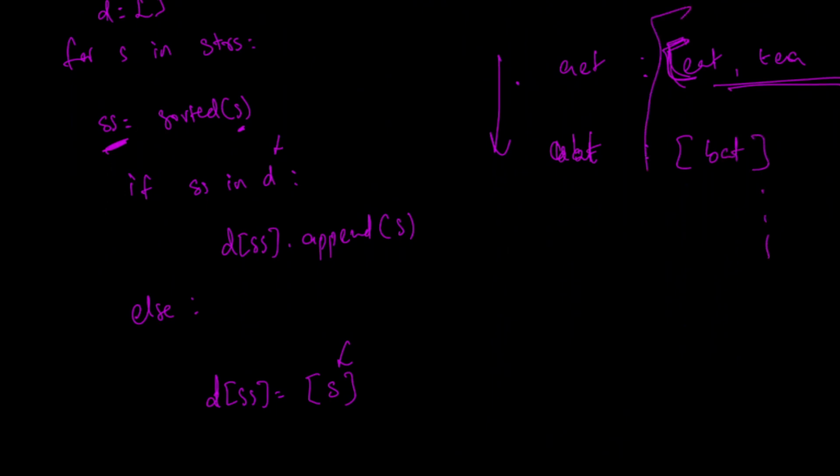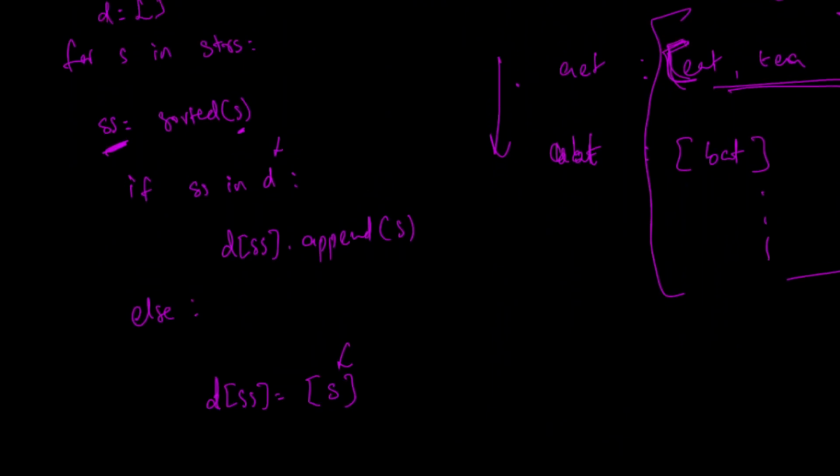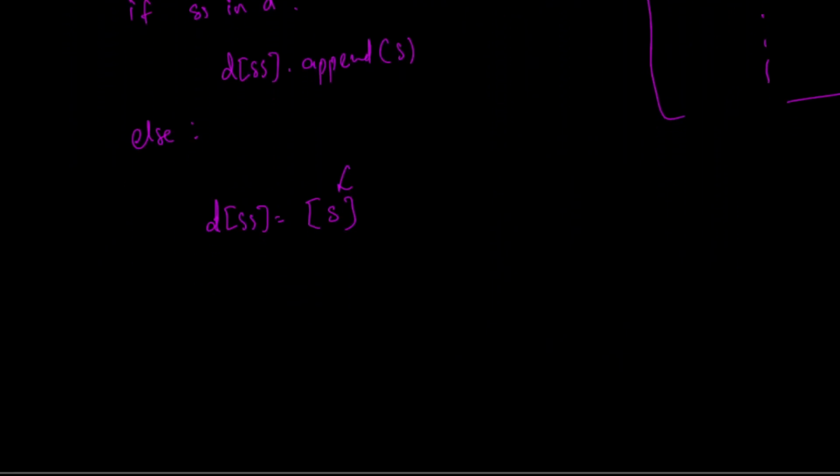At the end I need to return all these values. So I can return a list of all these lists by using d dot values.